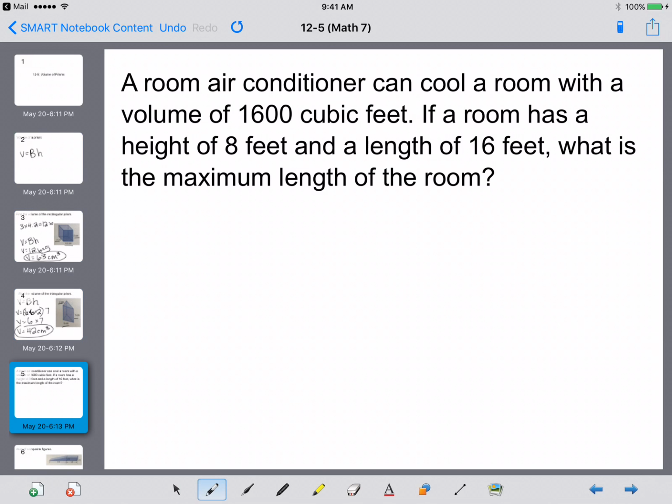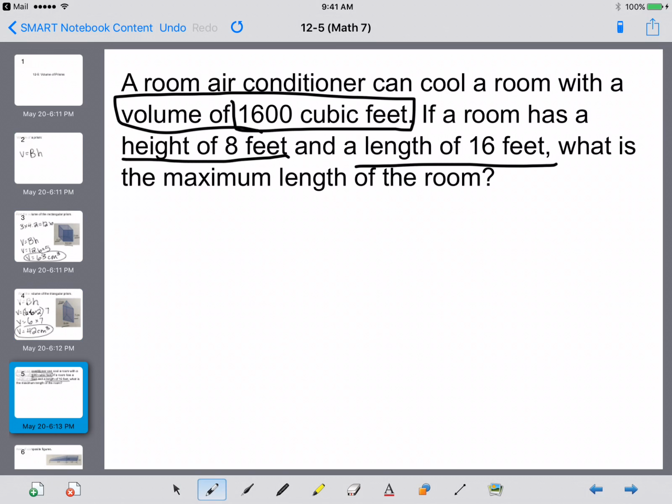Here it says a room air conditioner can cool a room with a volume of 1,600 cubic feet. Sounds like something we need to know, maybe even the word volume there. If a room has a height of 8 feet and a length of 16, what is the maximum width of the room?